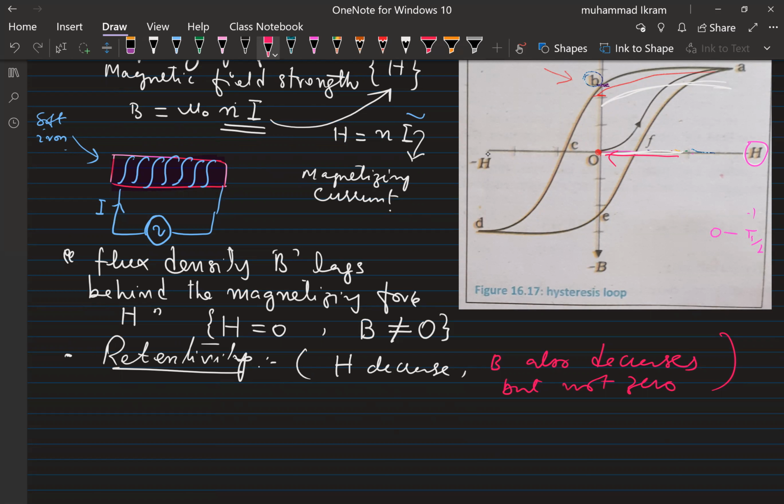This is known as residual magnetism. This effect is called retentivity, or residual magnetism. Okay.